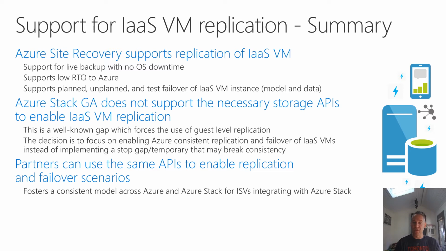We talked about VM replication, so we can use Azure Site Recovery. We don't support any APIs to enable snapshotting of the VMs, but we can use any other technique that targets the guest workloads.